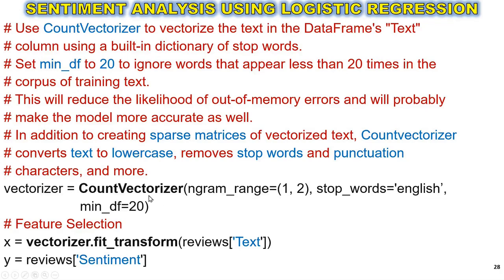In the CountVectorizer, we need to set the parameter min_df to 20 so that it will ignore words that appear less than 20 times in the corpus of training text. This will help to solve the problem of out-of-memory errors because the dataset is very large, 50,000 samples.